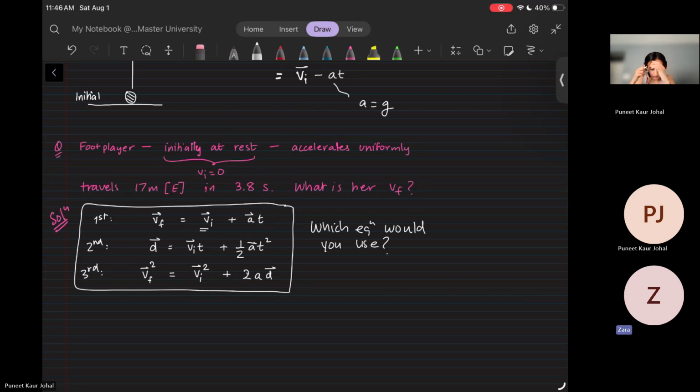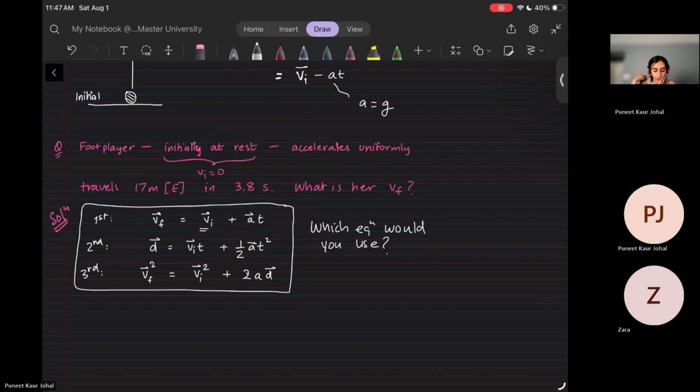Or the third one, but doesn't the third one have that too? So, is that better? I think the third one is better because for each of these equations, there's one little thing: you don't know the acceleration in any case, right? Because it's not given to you.